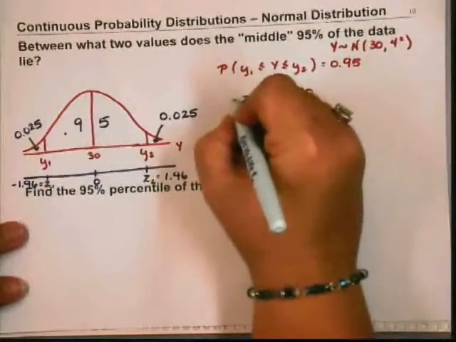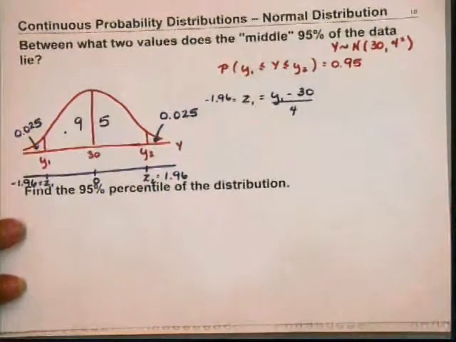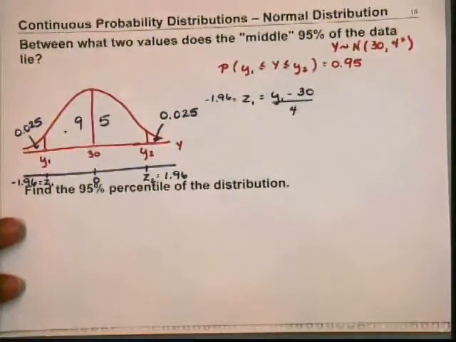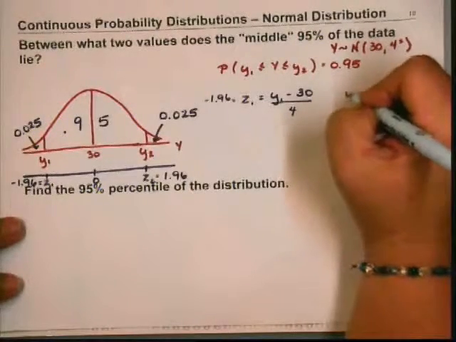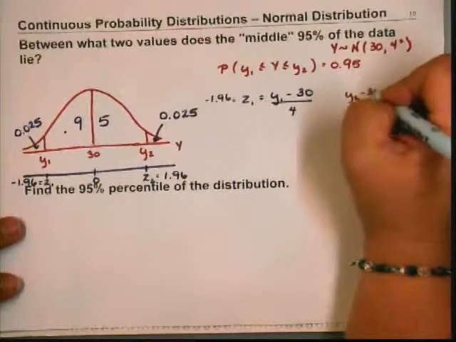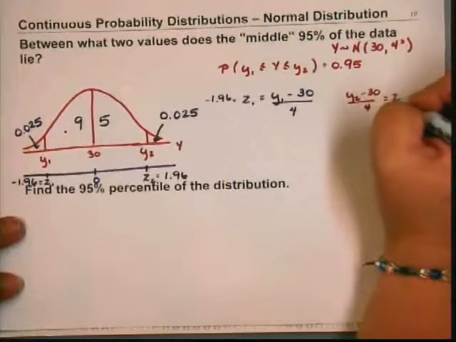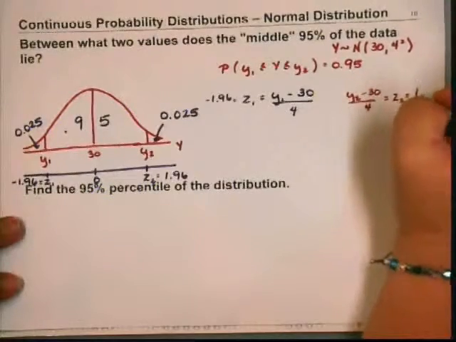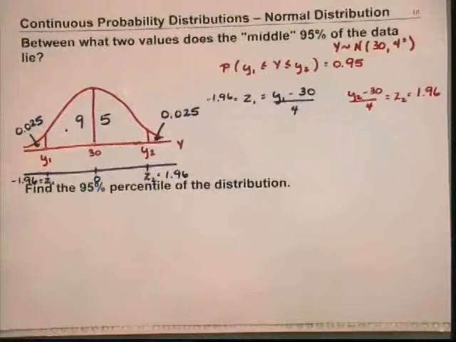And this z1 now is negative 1.96. Similarly, over here we could do y2 minus 30 divided by 4. That y2 corresponds to z2, which we've just determined is positive 1.96. And we can solve these two expressions for y1 and y2 respectively.